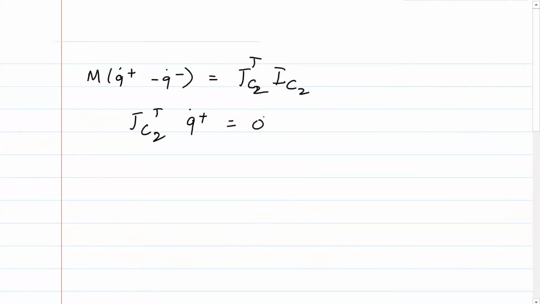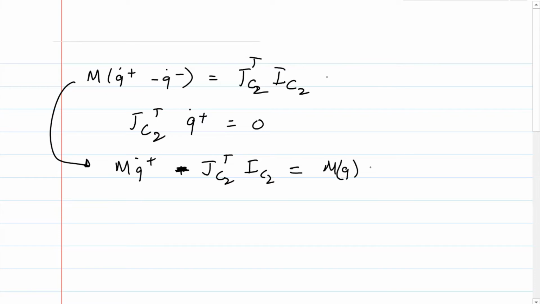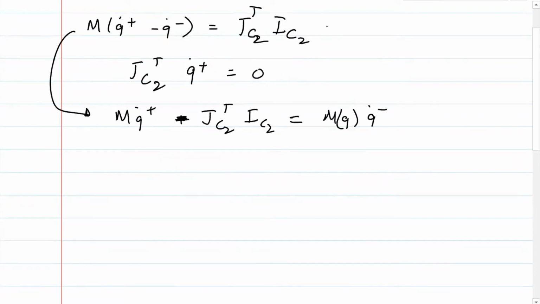Okay, so what I can do now is collect these terms. We'll rewrite the first equation as M q dot positive minus JC2 transpose IC2 equals M q dot negative. That is, I'm only putting all the known terms on one side and unknowns on the other side.